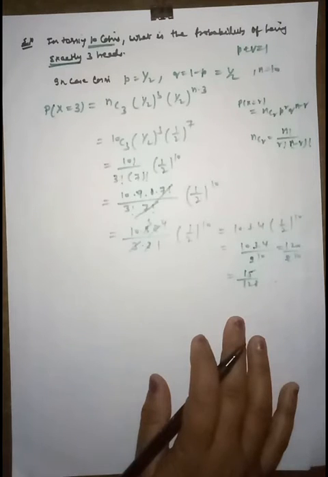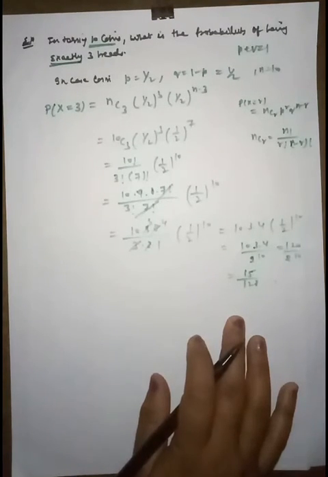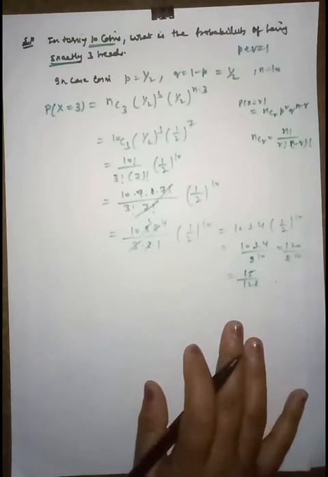So if you have to find P(X) less than or equal to 2, you start from 0 to 2. And if it asks at least 2 heads, you have to find the values greater than or equal to 2, right?